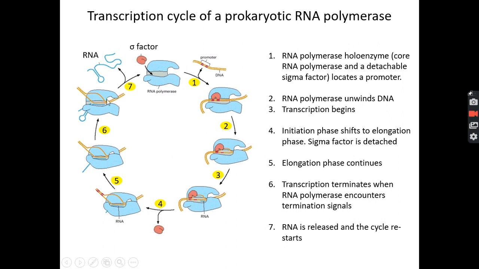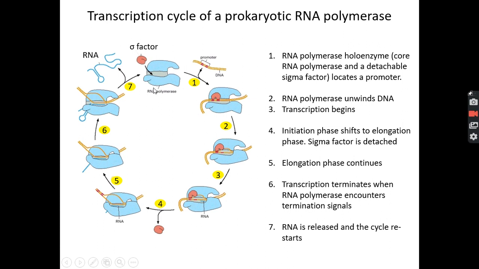It will mean that it has gotten to a point whereby we have to stop synthesizing, for the DNA to be detached from the core enzyme and for the RNA to also be released. So this is the hairpin. This hairpin signalizes termination.